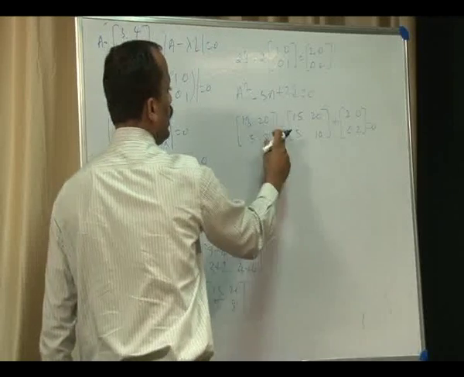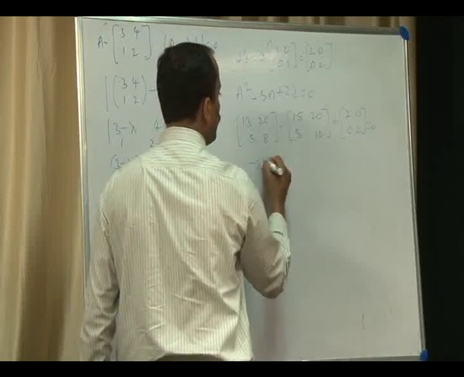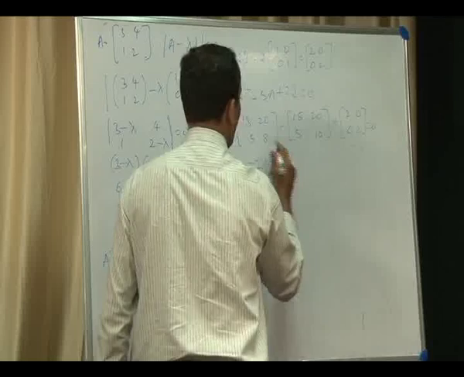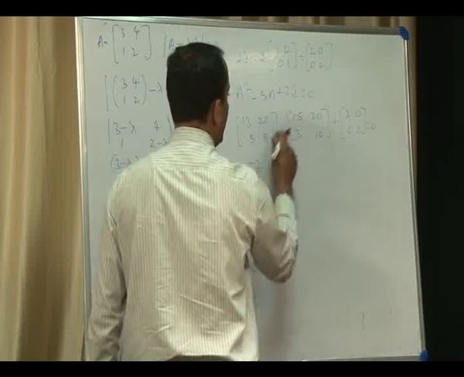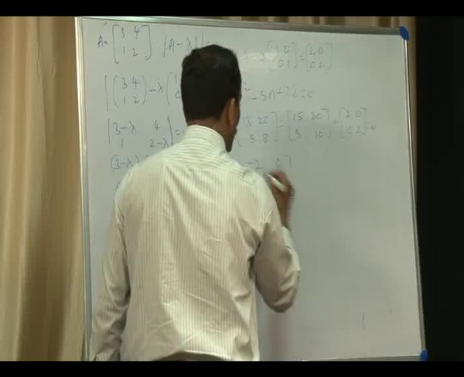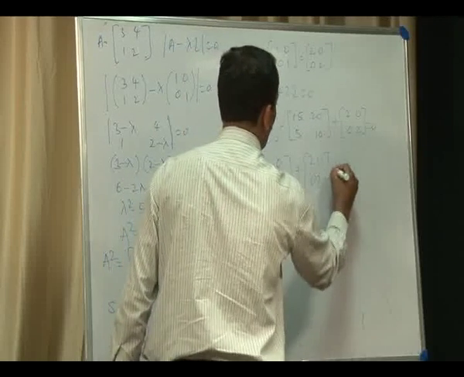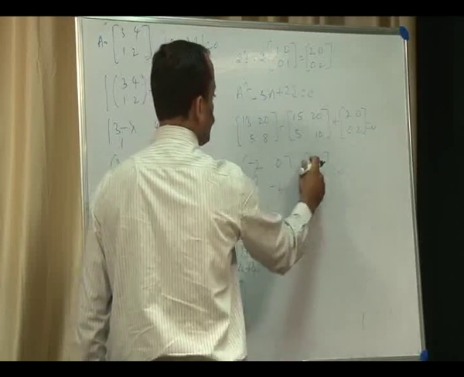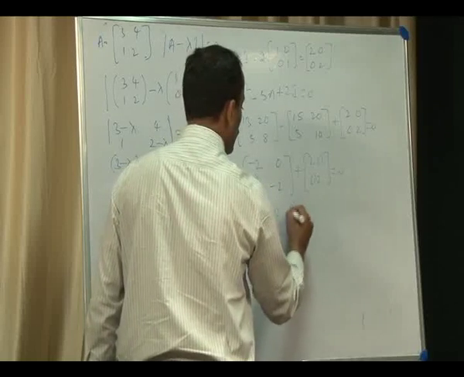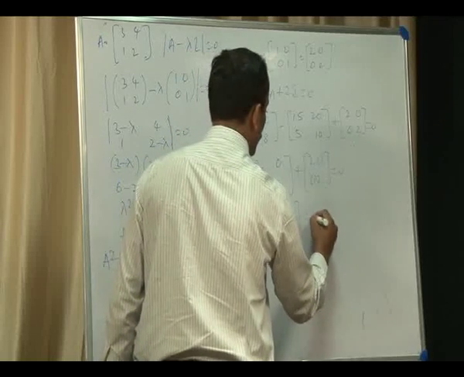Now, 13 minus 15 is minus 2, 20 minus 20 is 0, 5 minus 5 is 0, 8 minus 10 is minus 2, plus [2 0; 0 2] is equal to 0. Now, minus 2 plus 2 is 0, so [0 0; 0 0] is equal to 0.